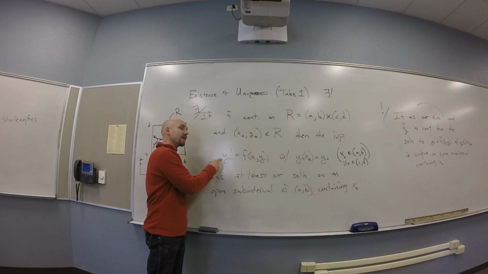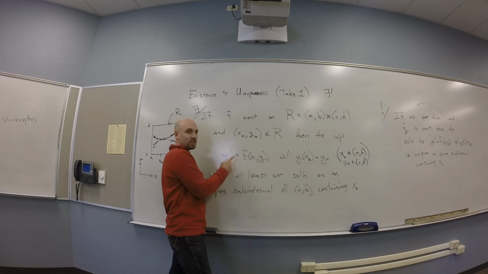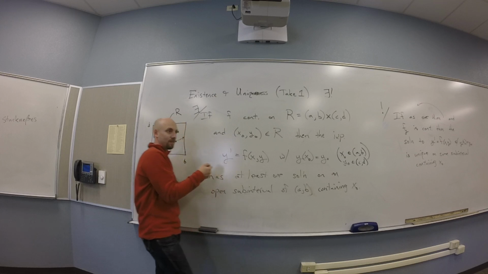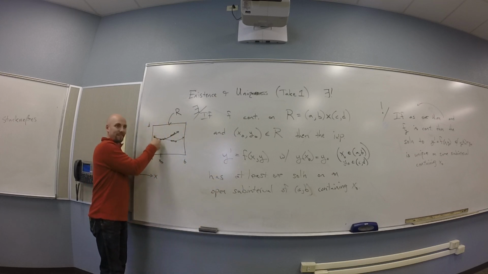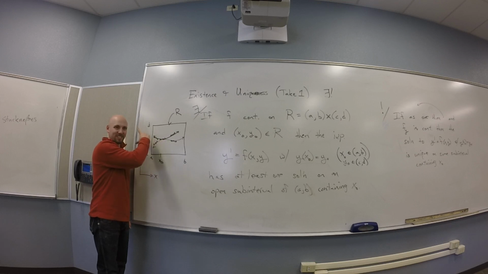So what this is saying is the rate at which the slopes change is continuous with respect to changes in y. In other words, if you go this way a little bit, the slopes change continuously. You guys all on board? That's kind of cool. That's enough, apparently, to ensure that I can't have branches.